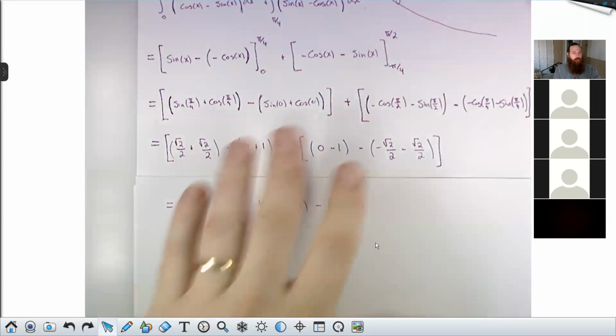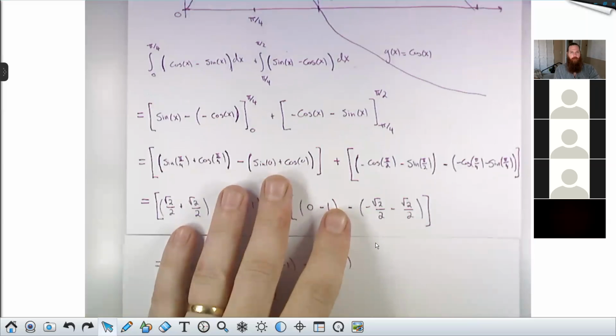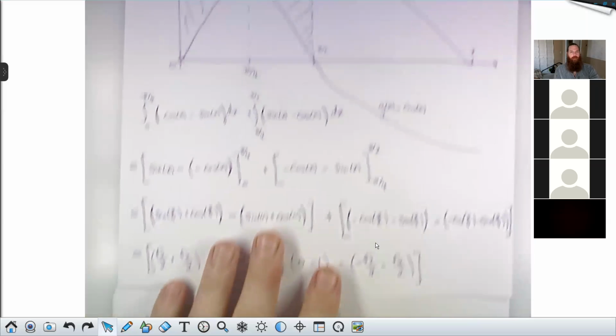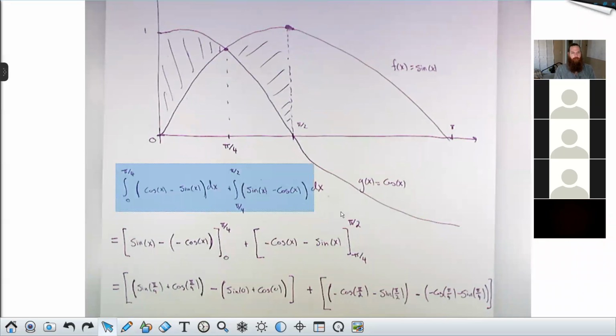Okay, any questions about any one of these steps? Let's start with setting up the integral. Any questions about how we go from the picture to the integral we started with here? Whatever you're thinking, I'd like to hear it.